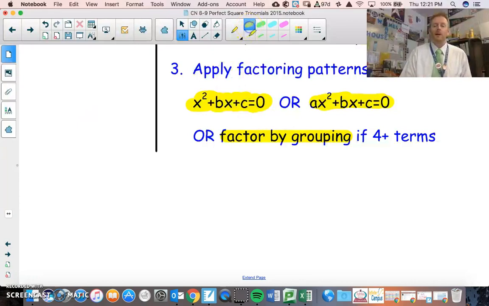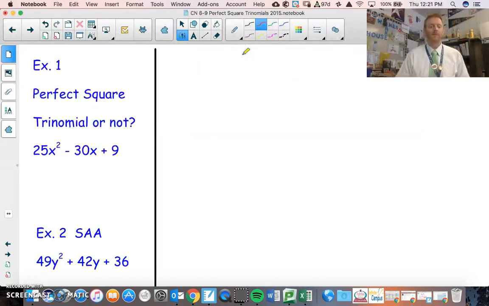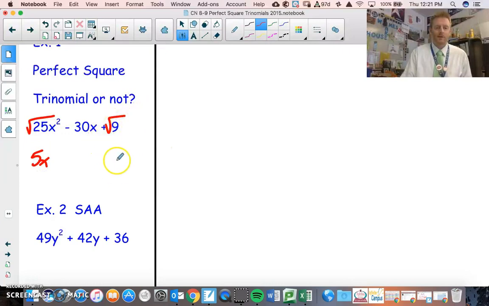Now, because we had to talk a bunch about all that stuff, we're going to have to go kind of quick here with examples. So example 1 and example 2: are they perfect square trinomials or not? To be a perfect square trinomial, we would take the square root of these numbers and the square root of this number.